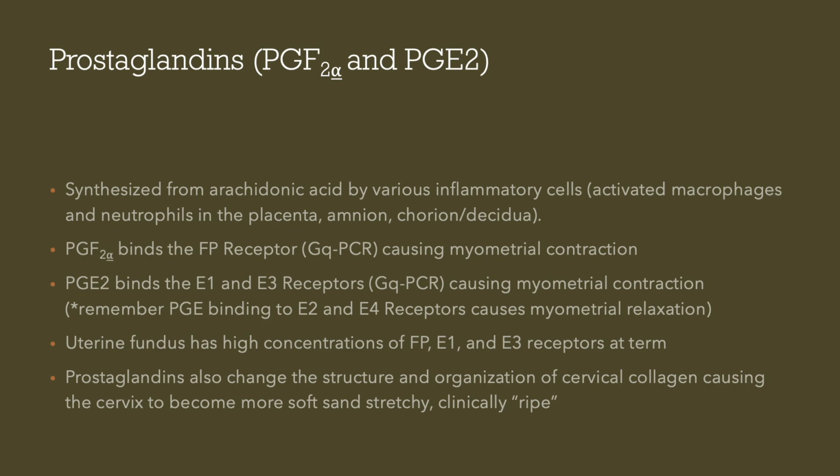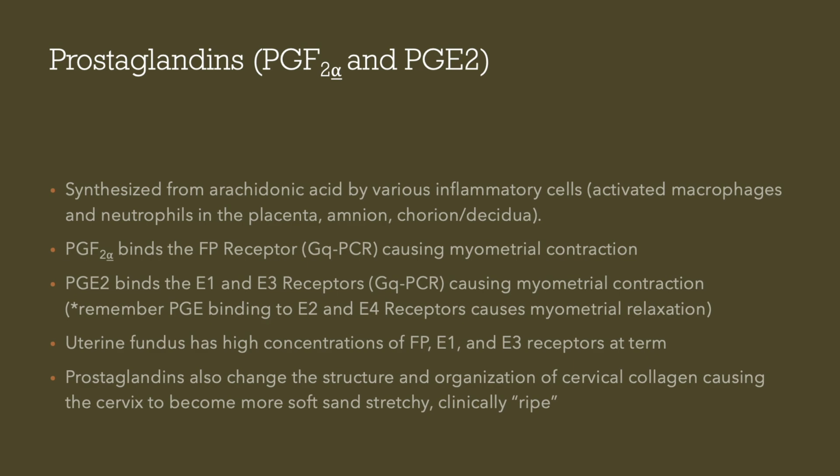Prostaglandin F2 alpha will bind the FP receptor, which is also a G sub Q protein-coupled receptor, causing myometrial contractions. And here, this is important, prostaglandin E2 will bind the E1 and E3 receptors, G sub Q GPCRs, which also cause myometrial contraction. And it's important to remember that prostaglandin E2 and some of the other E's will bind the E2 and E4 receptors, which causes myometrial relaxation.